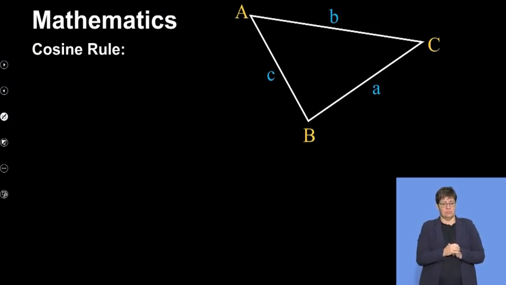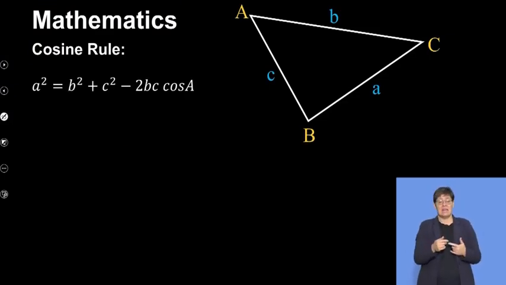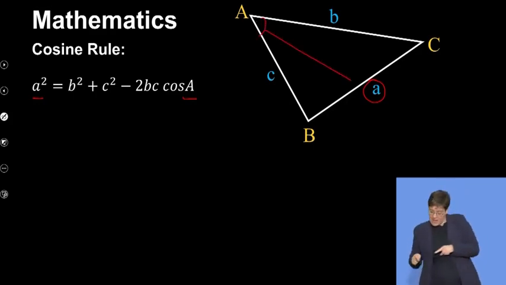The cosine rule for any triangle ABC is pretty simple even to memorize. It states that for any triangle ABC, A squared equals B squared plus C squared minus 2BC cos A. This is pretty simple to memorize because the statement begins with the letter A, which represents the side A, and it ends with the angle A, which means the angle directly across from it.